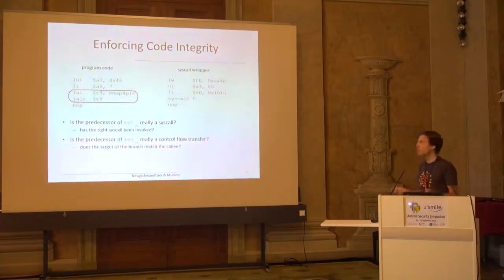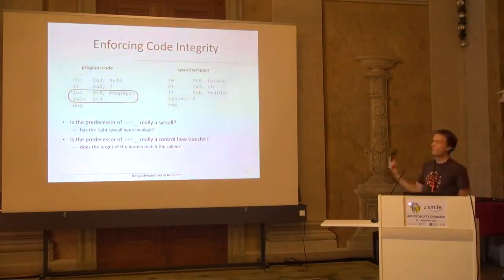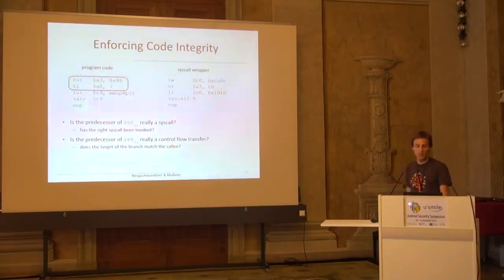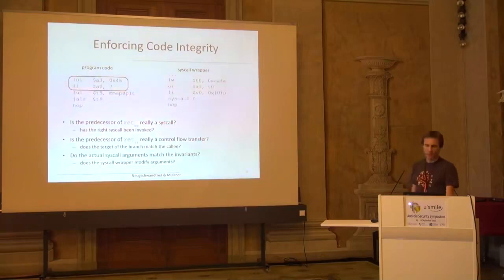Then the next thing that we can do is check the link address, and whether the predecessor of the link address, similar to the system call case, is really a jump instruction, and whether the target of the branch actually matches the callee, so whether the right system call wrapper has actually been invoked. And what we can also check is whether the actual system call arguments match the invariants that we have extracted before.